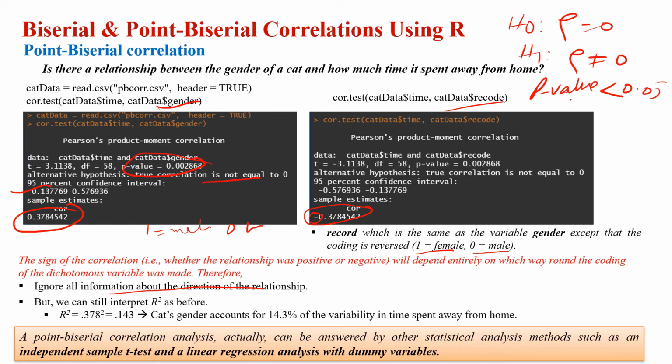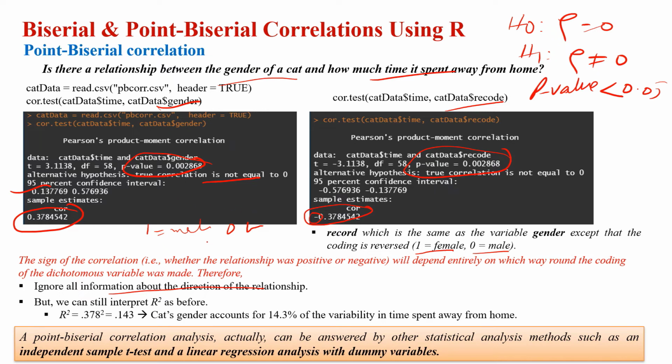Because this p value is less than 5%, we will say there is a significant relationship between the gender of the cat and the time spent away from the home. Which means one of the genders is spending more time out of home compared to the other, right? So based on this p-value, we are saying that there is a significant relationship between the gender of the cat as well as the time spent away from the home.